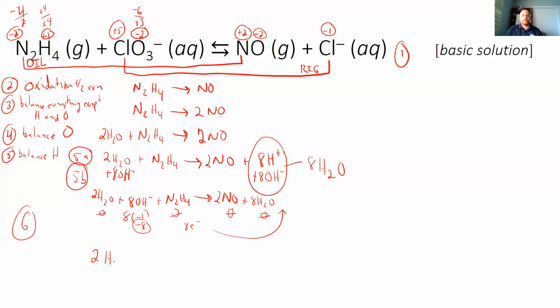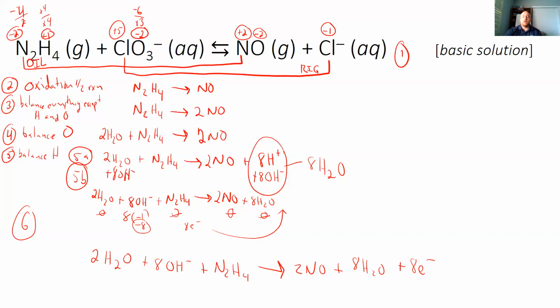I've got 2 H2O plus 8 OH minus plus N2H4 react to form 2 NO plus 8 H2O, plus 8 electrons. Remember, if you have an oxidation half reaction, the electrons are always going to be on the product side.